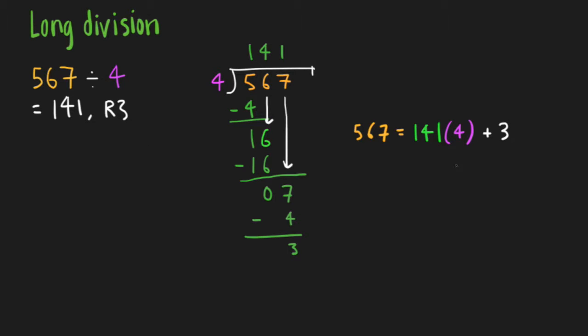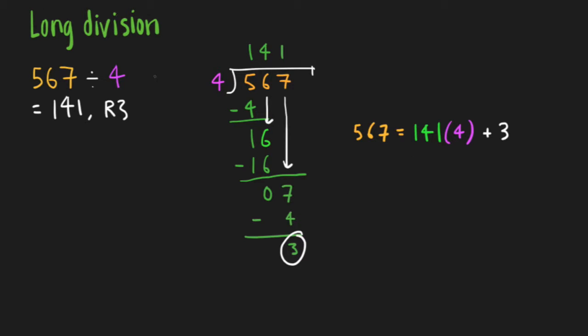So the 3 comes from this remainder term here. Yeah? And if you do that multiplication, you can understand that it is true. 141 times 4 will give you 564. When you add 3, you'll get 567. Right? This is just another way of writing 567, which relates back to our calculations here. We'll see why this is important later.